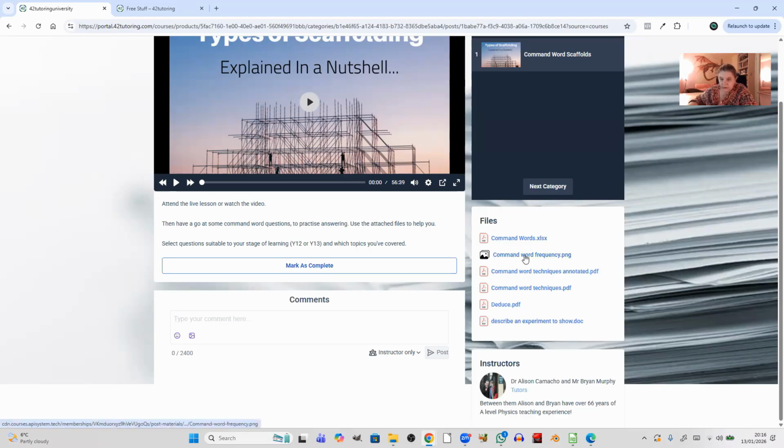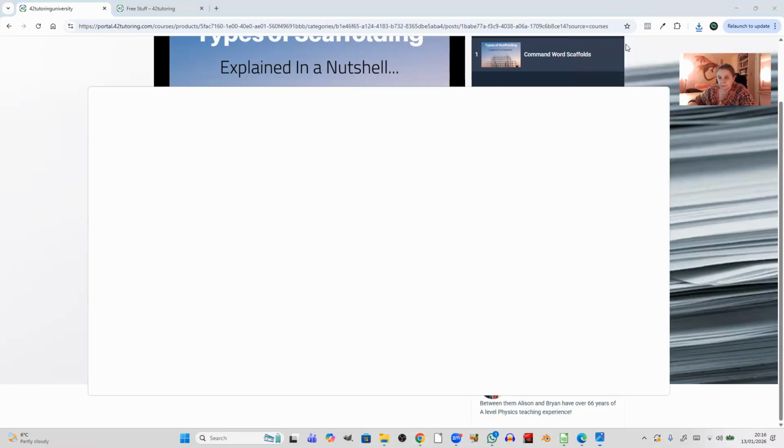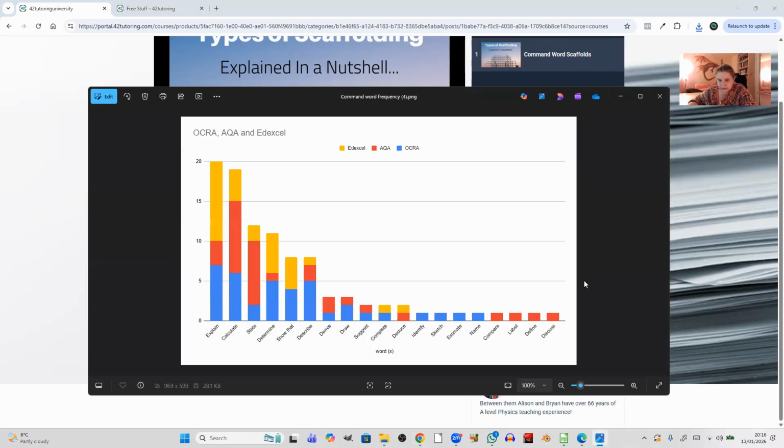So the first thing I'm going to show you is the command word frequency. Some of you have seen this already. This is just anecdotal evidence of which command words are most frequently used. So explain is up there.